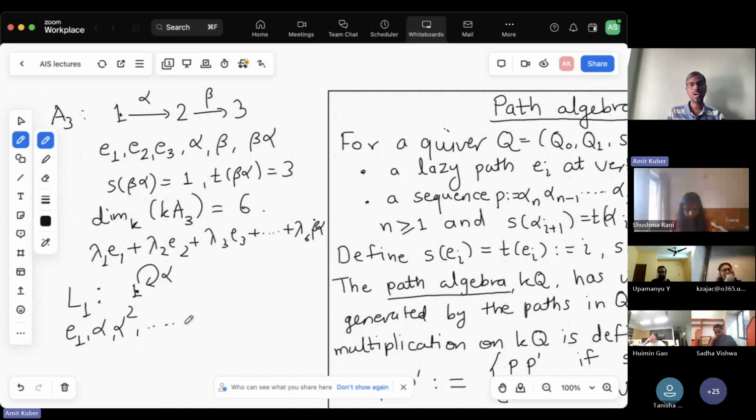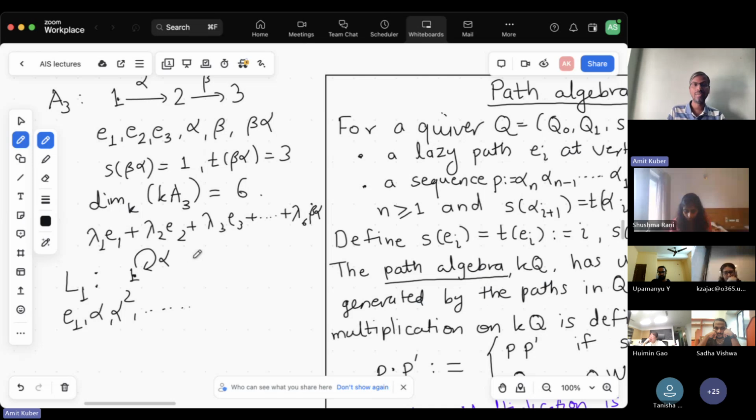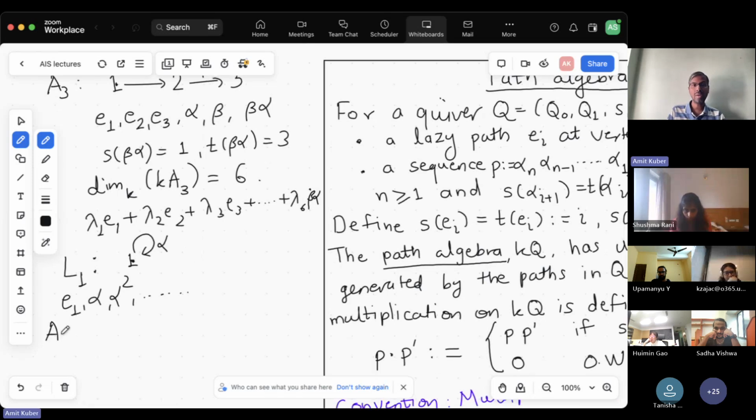However, a general element of KL1 is a finite sum, lambda i alpha to the power i, but only finitely many are non-zero.